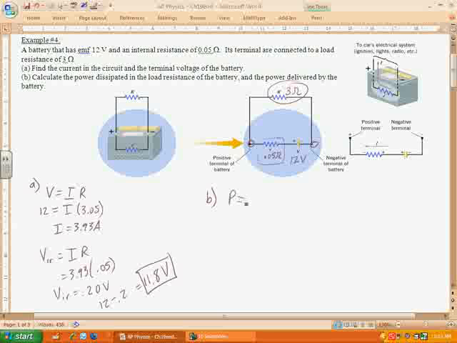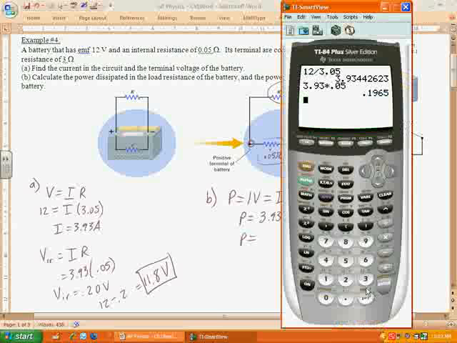But using V equals IR, we can also rewrite the power as I squared R, because if we put IR in for V, we get I squared and then R. So the power is equal to the current, 3.93 squared, times the resistance of the load, 3, and we get 46.3 watts.